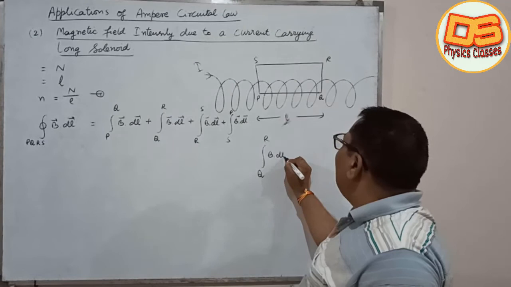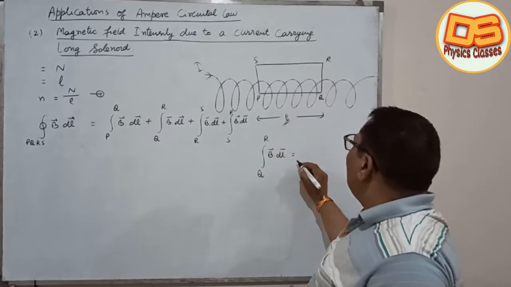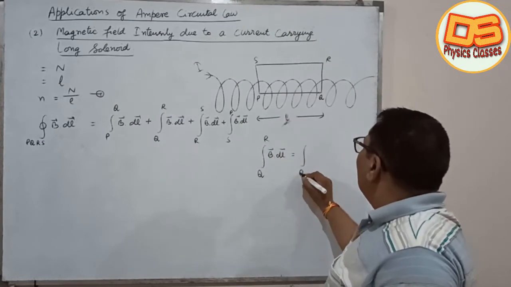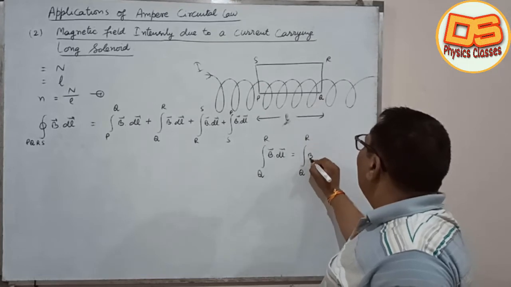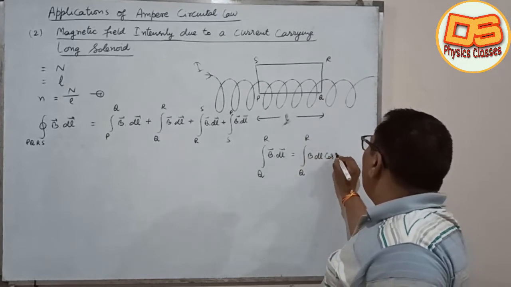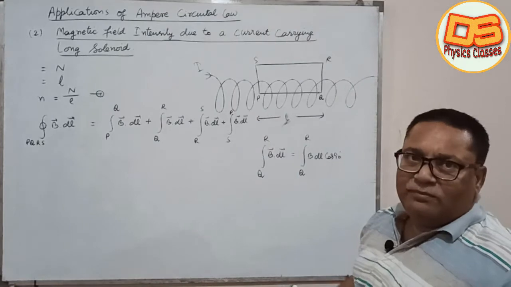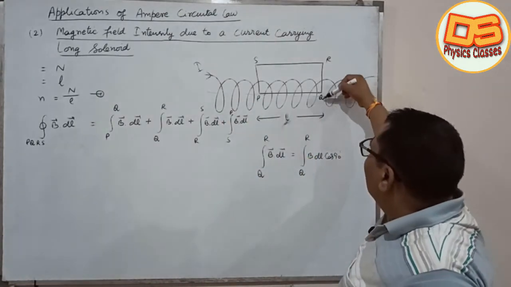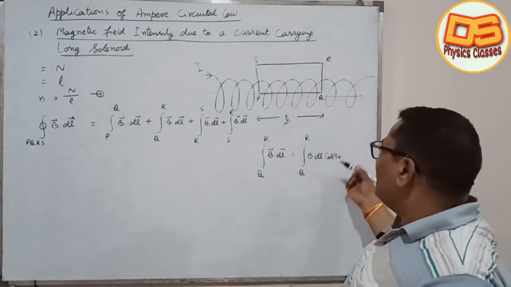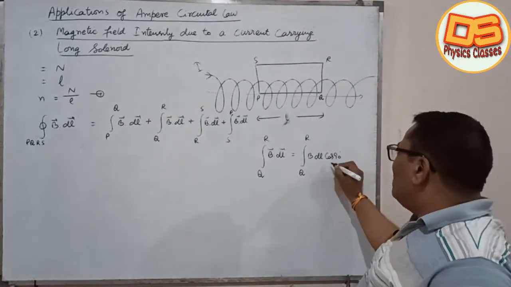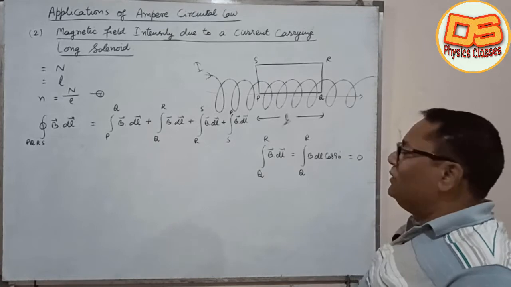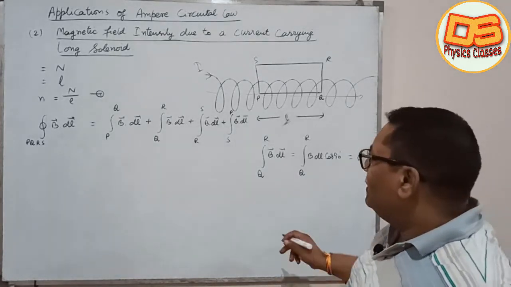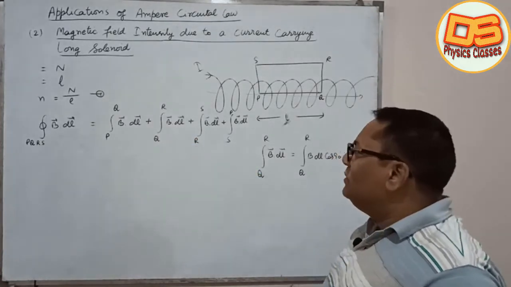B dot dl is equal to the integral from Q to R of B dl cos 90. Reason: this is the direction of magnetic field, this is the direction of length, both are perpendicular to each other, and cos 90 is equal to 0. Clear? This term will be equal to 0.